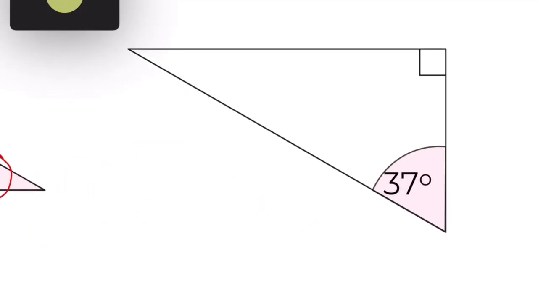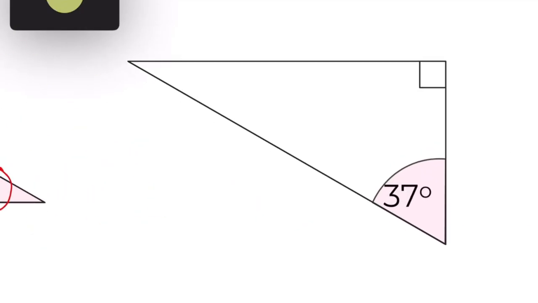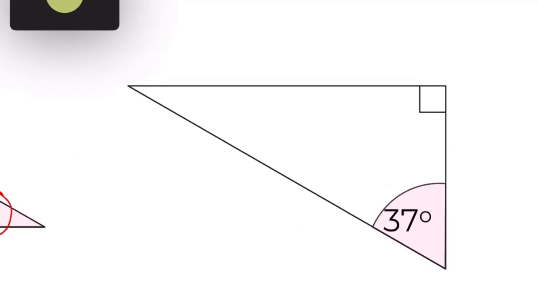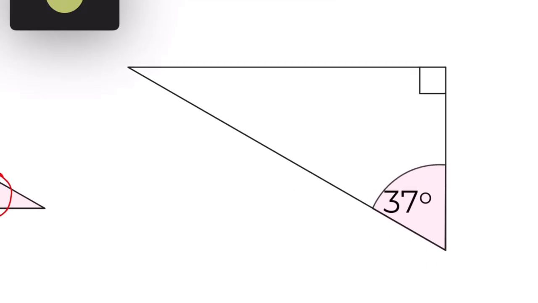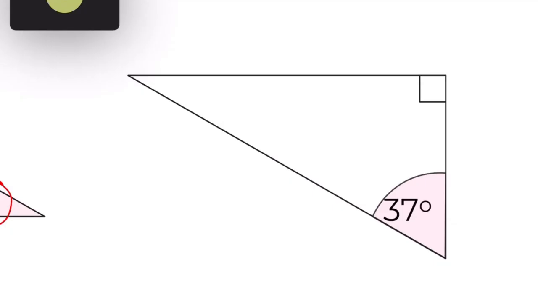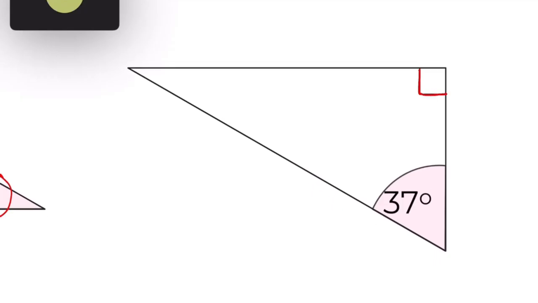If we have a look at this one, anyone that still needs clarifying, we have one more example which we're going through. So we've got our right angle over here. The side which is opposite to this right angle is going to be the hypotenuse. We're going to label it with an H because it's the longest side in the triangle.